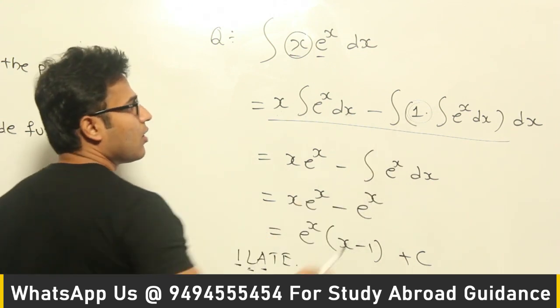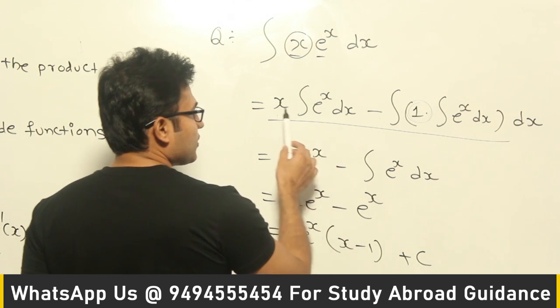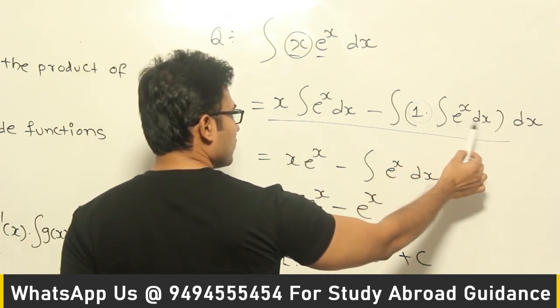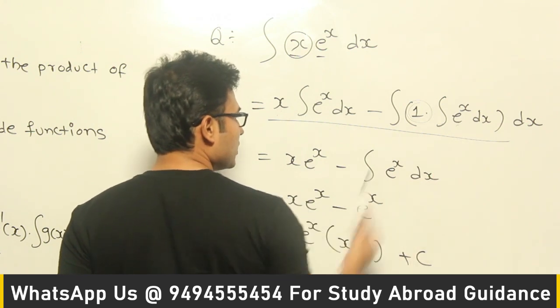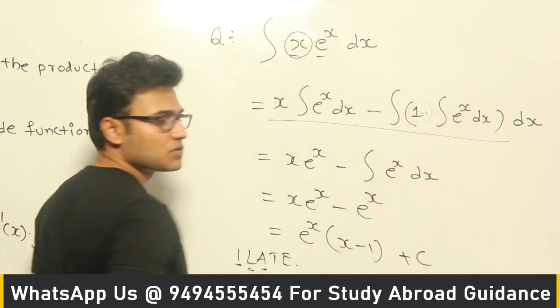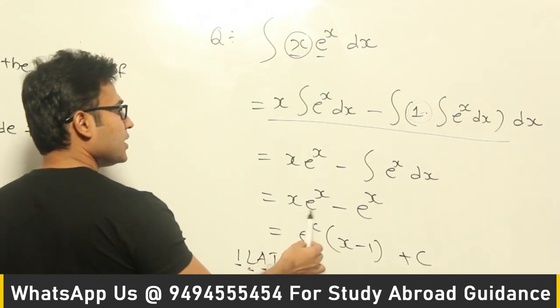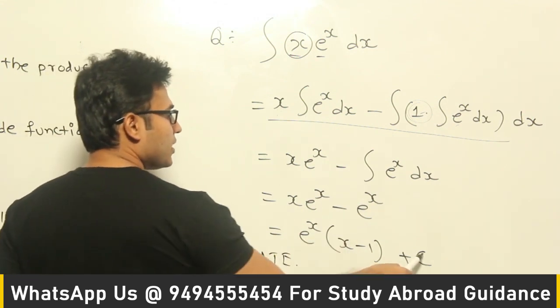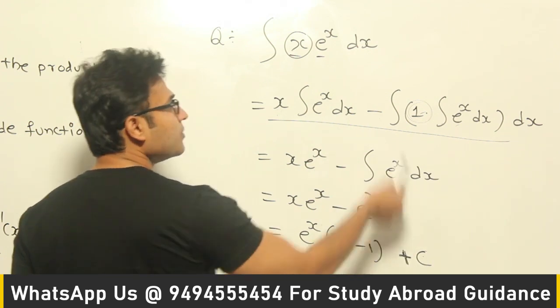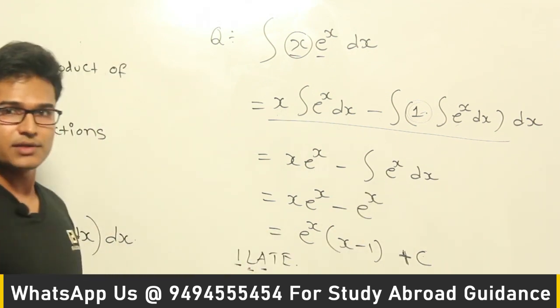Got it? Now if you observe, this is x into e^x, and this entire thing, if you integrate it one time, is going to be e^x only. Again, if you integrate one more time, you are going to get e^x only. Got it? So x into e^x minus e^x. At the end you can add c. Don't add the constant in the middle, just put it at the end, that is enough.